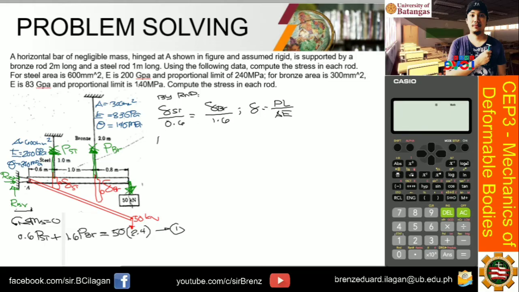So with that, we have here P steel. What is the length of the steel rod? So ayan, given naman sa figure, that is 1 meter long. So multiply na lang natin ng 1 over, so PLAE. So what is the area? So given naman as 600.